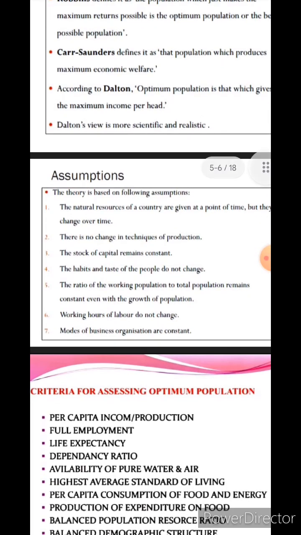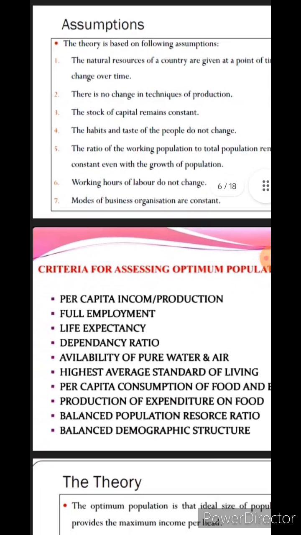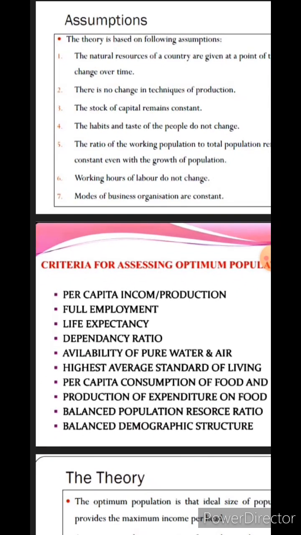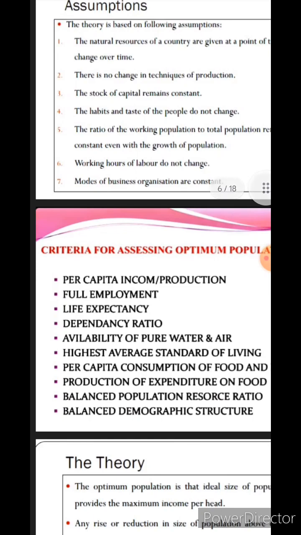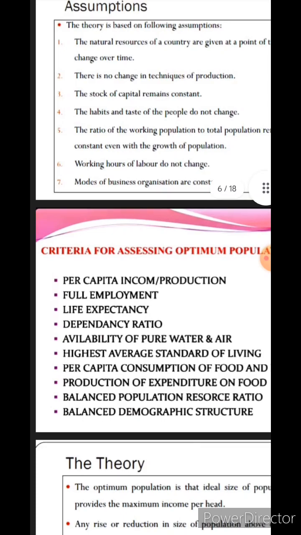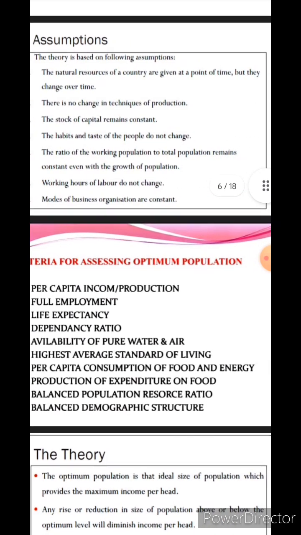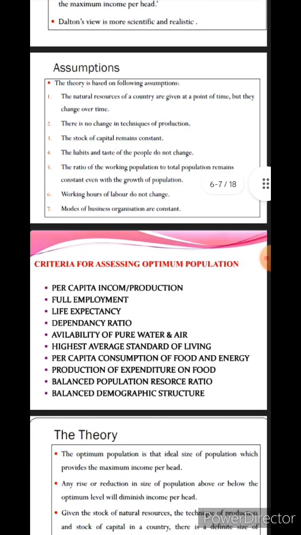And some basic criteria for assessing the optimum population: first is per capita income and production, full employment, life expectancy, dependency ratio, availability of pure water and air, highest average standard of living, per capita consumption of food and energy, production and expenditure of food, balanced population-resource ratio, and balanced demographic structure.